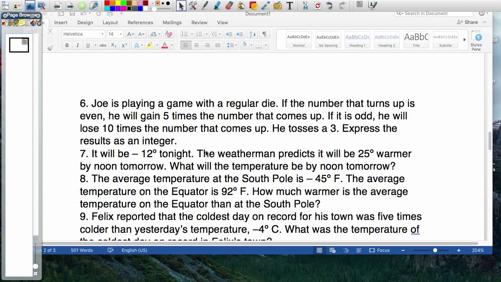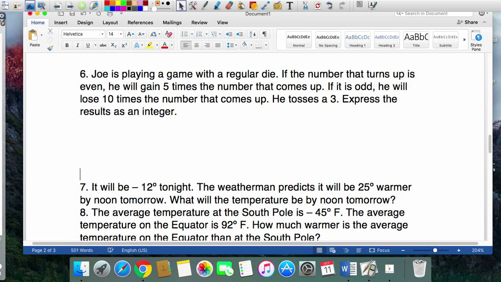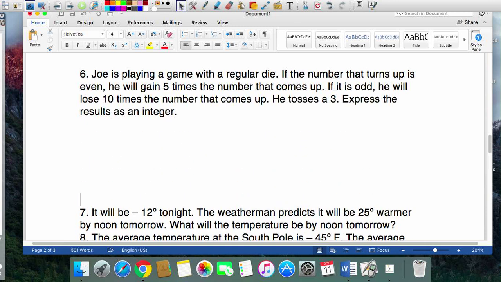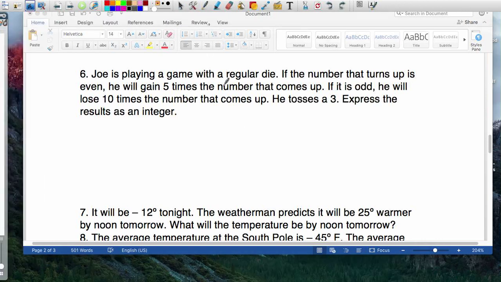Number 6. Joey's playing a game with a regular die. If the number turns up even, he will gain 5 times the number. If it is odd, he will lose 5 times the number. So he tossed an odd number, so I know it's negative, right?